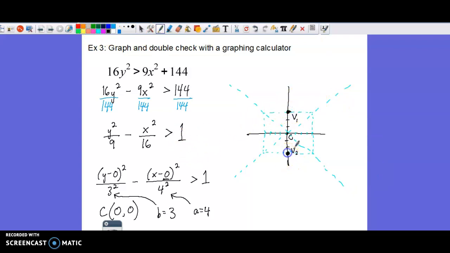We have our vertices, and so that's telling me that we have an upwards and a downwards hyperbola. Notice that I'm doing a dashed line for my hyperbola. Why am I doing a dashed line? It is not equal to.